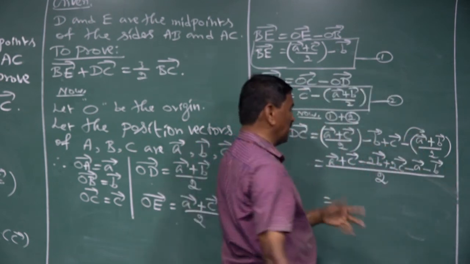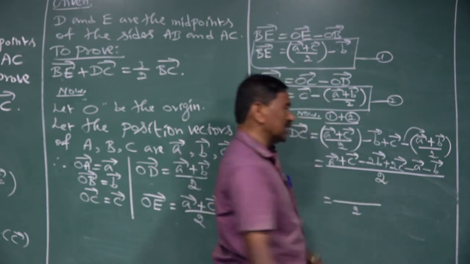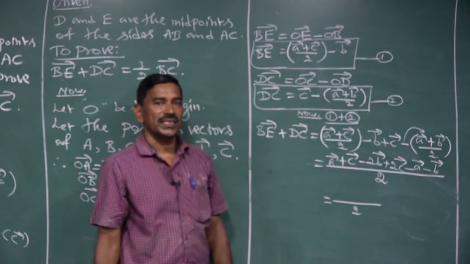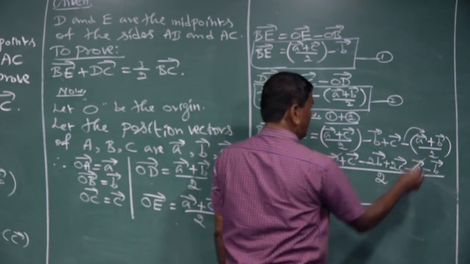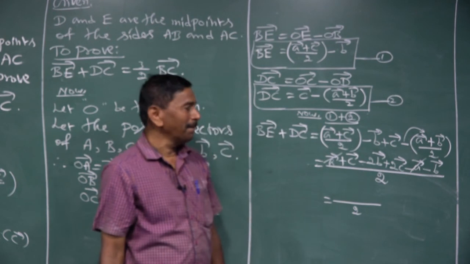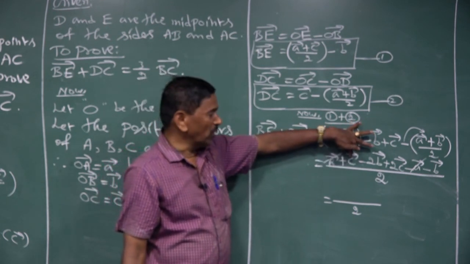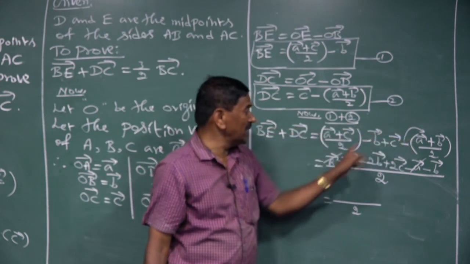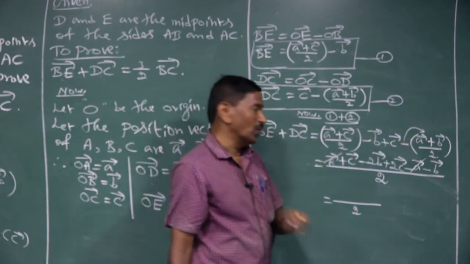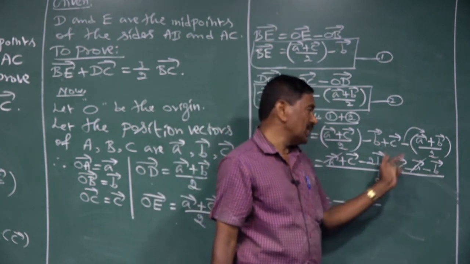Now simplification by 2. Any cancellation? Plus A vector minus A vector cancel. Next, any cancellation? No cancellation, because plus C vector plus 2C vector gives plus 3C vector. Minus 2B vector minus 1B vector is totally minus 3B vector.